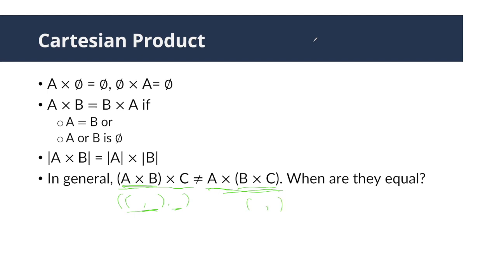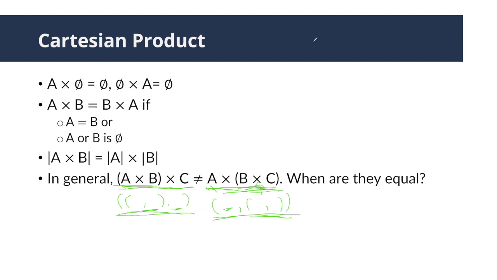Then, when you use A cross this Cartesian product, each element will be something like this: this element will be from A, and this pair will be from B cross C. As you can see, the format of the element in each of these two sets is completely different. Therefore, in general, they are different.